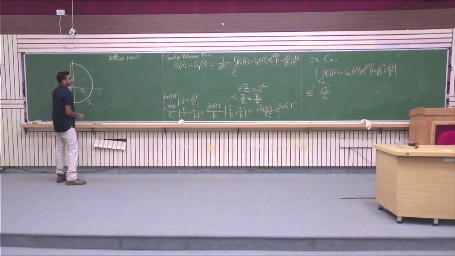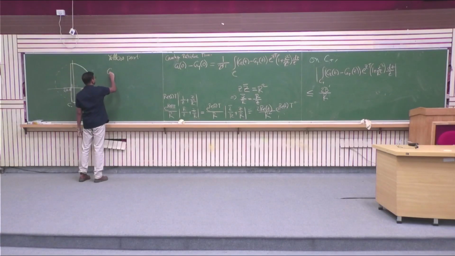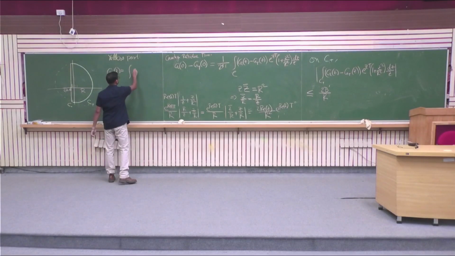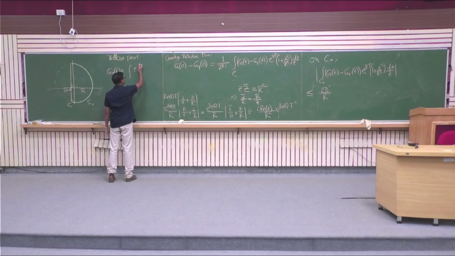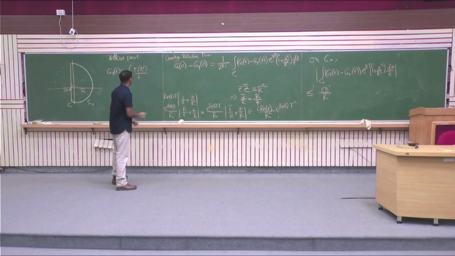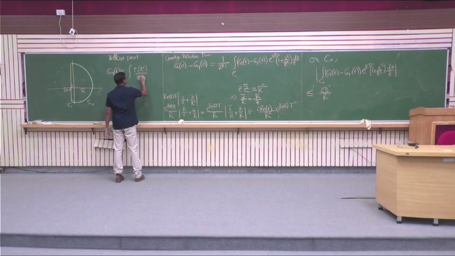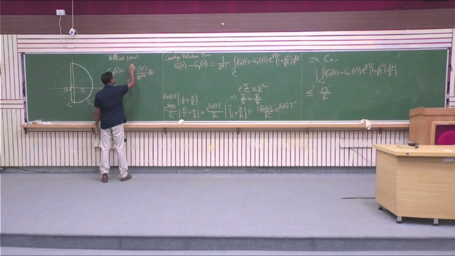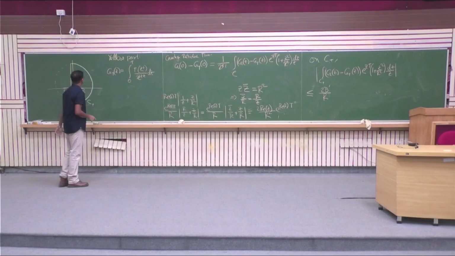Okay, note that here GTZ is equal to, how was it defined? F e power t by, sorry, it was e power tz. Thank you. Yes, e power tz and dt and the integral from 0 to t, right?